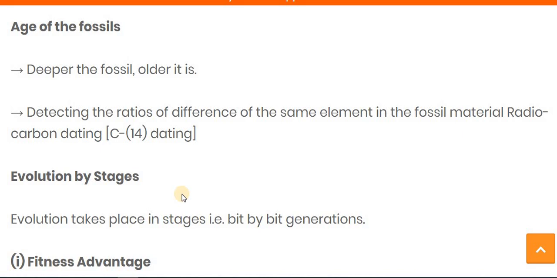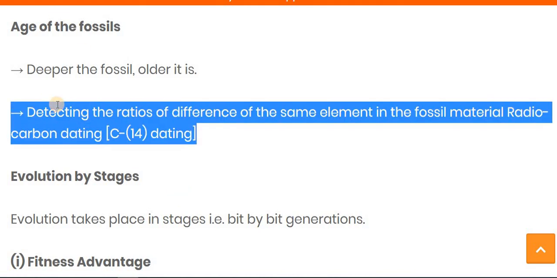So the deeper the fossil, the older it is. And by detecting the ratio of different isotopes of the same element in the fossil material, we can use the radiocarbon dating process, by which also we can get the idea of the age of a fossil.